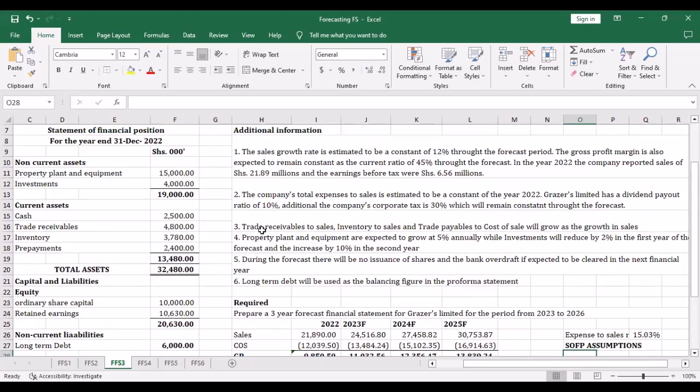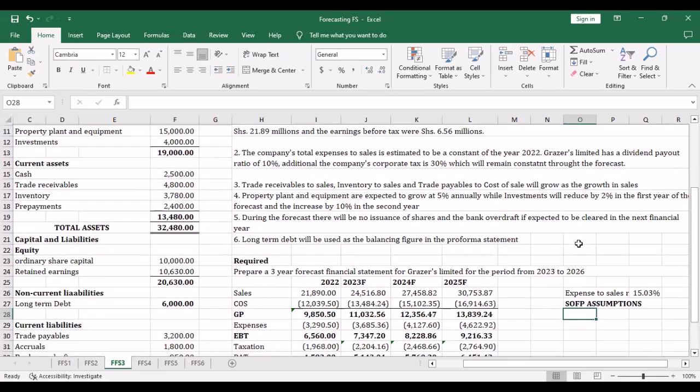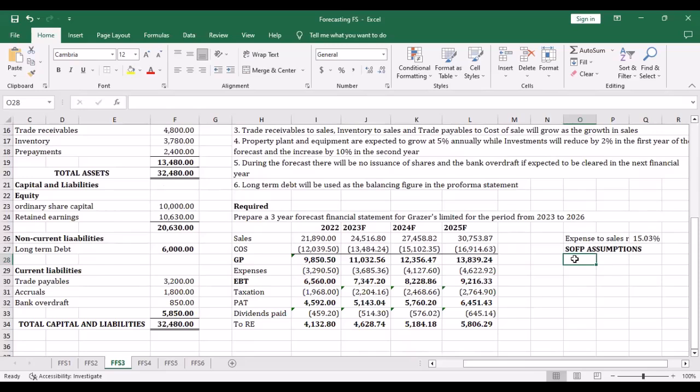So we have additional information number 3: trade receivables to sales, inventory to sales, and trade payables to cost of sales will grow as the growth in sales.